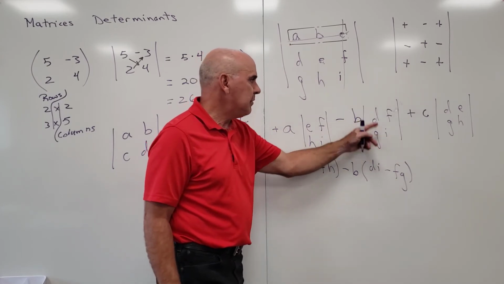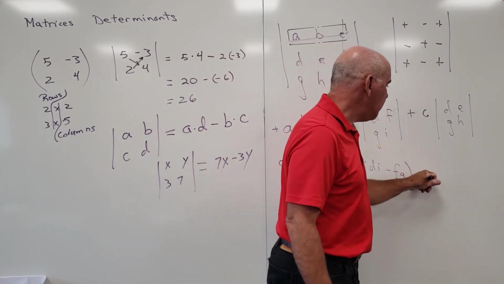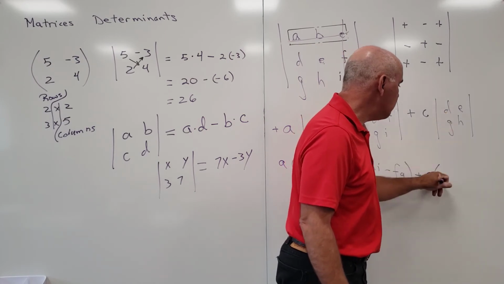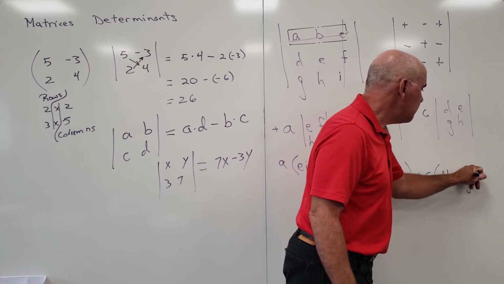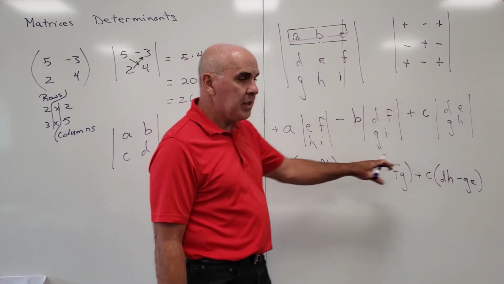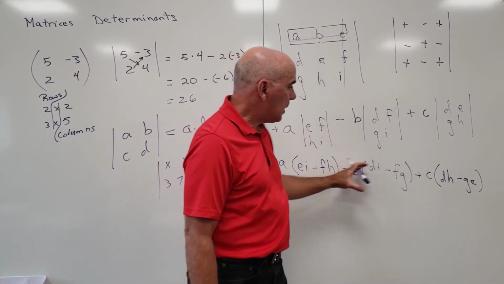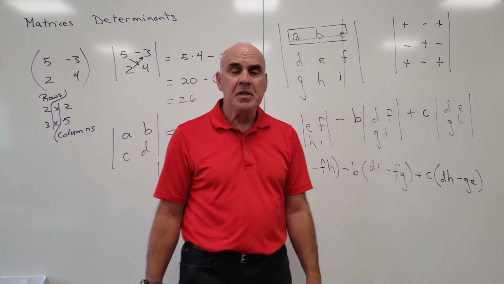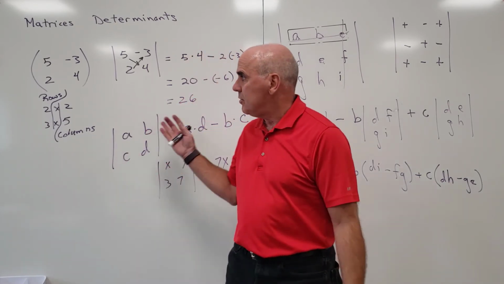Okay, D times I, F times G. Plus C times DH minus GE. And this is going to end up being a number, assuming all of these are numbers. And then that'll evaluate out to some value. And that's how you do a 3 by 3 determinant, and a 2 by 2.